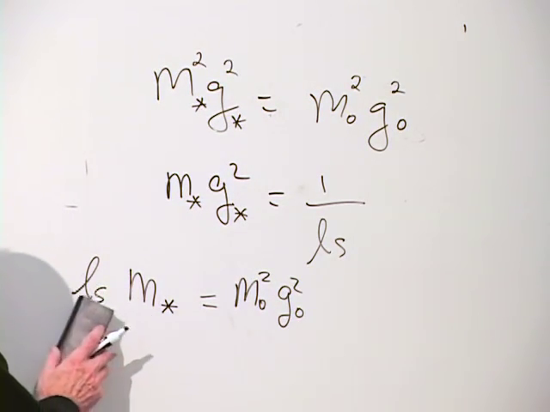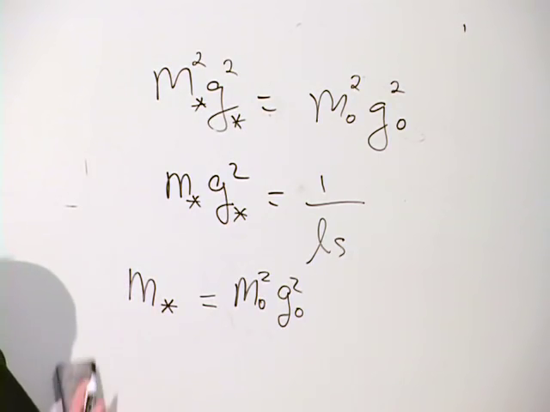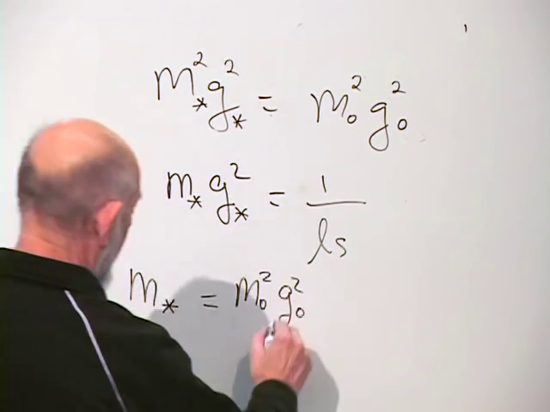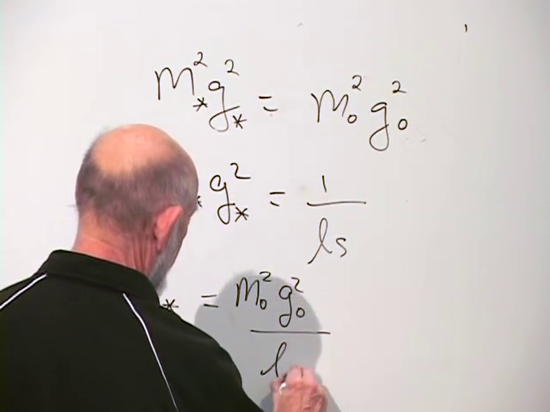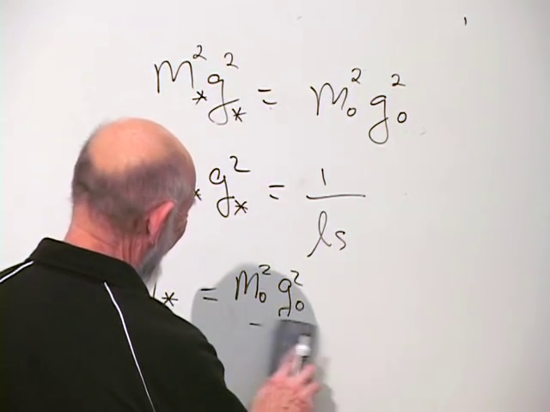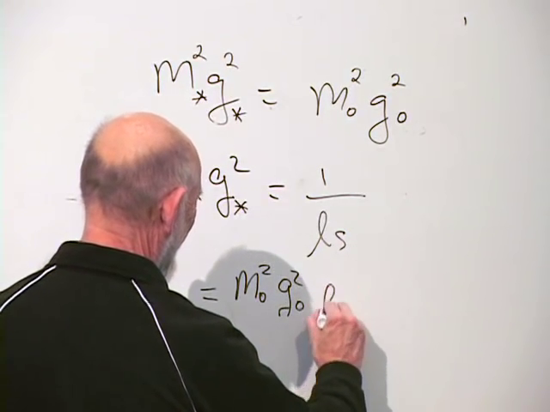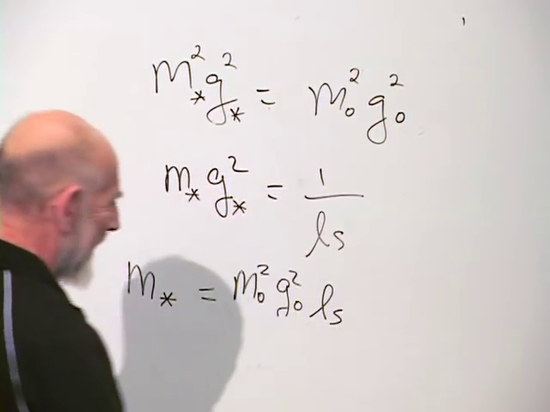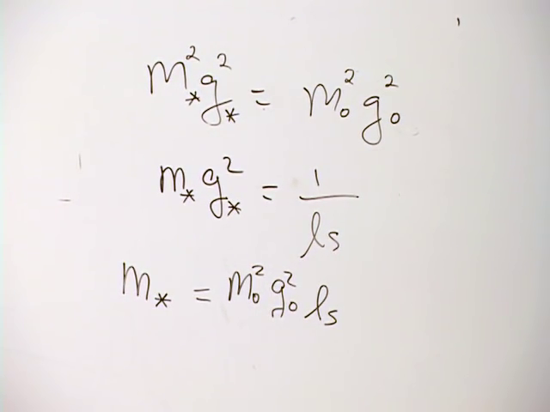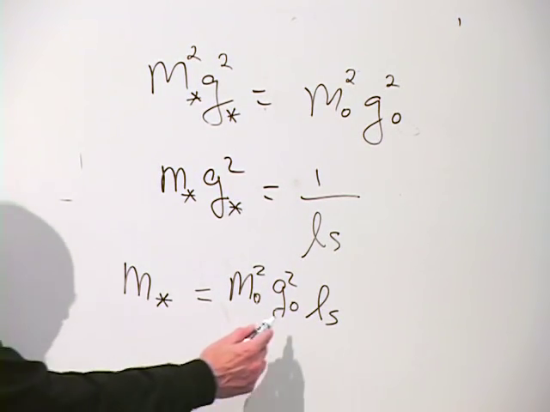You're dividing by 1 over L string, which is like multiplying. L string is on top, upstairs. Good. Now I think we have it right. Okay, let me multiply both sides of it by L string.